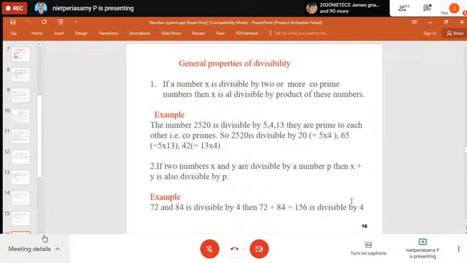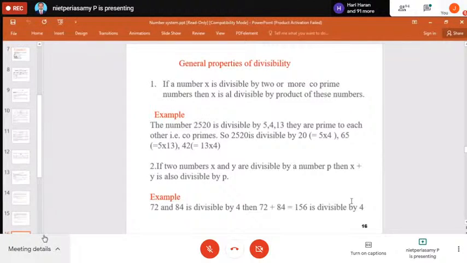So this number is divisible by 20, 65 and 52. 20 is the product of 5 and 4, 65 is the product of 5 and 13, and 52 is the product of 13 and 4.